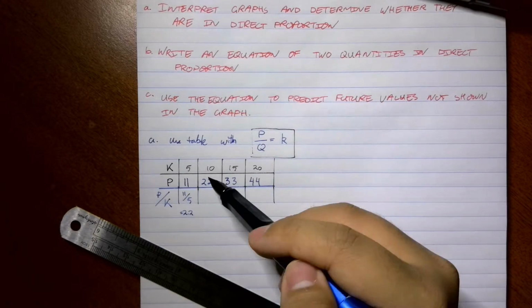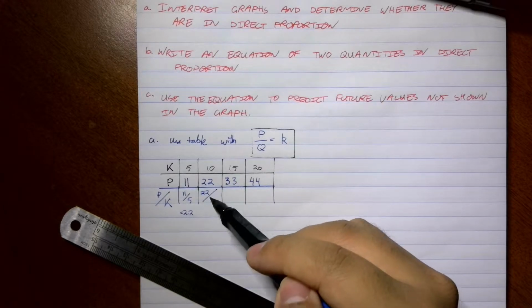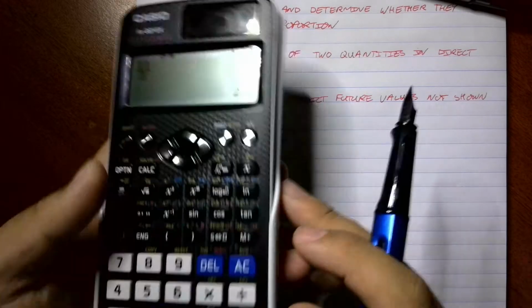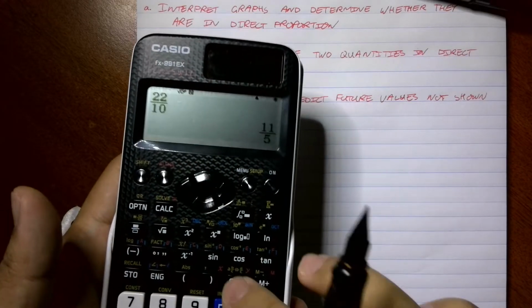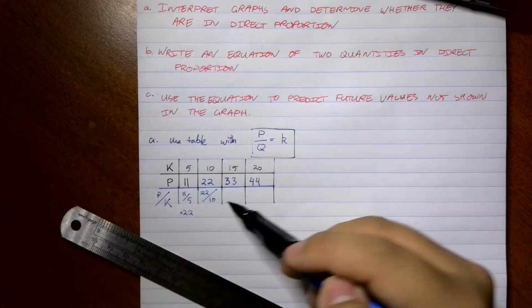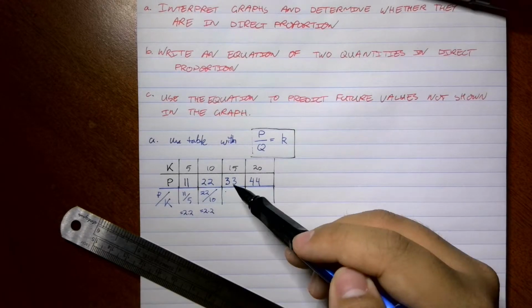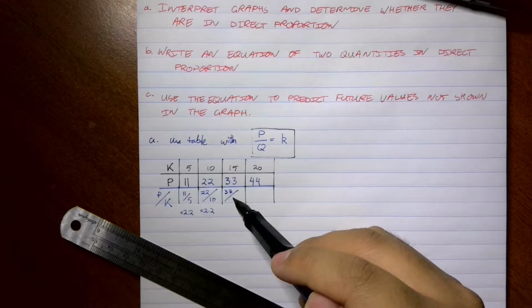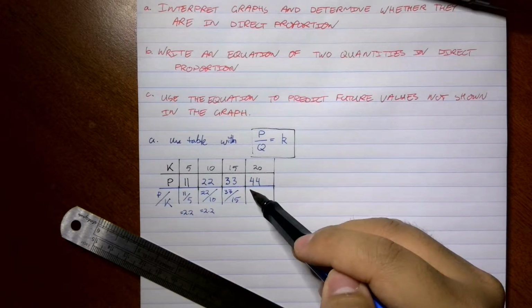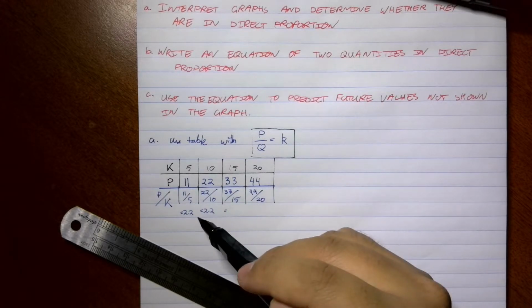Let's check now for the rest. 22 over 10, same thing on the calculator, also 2.2. I'm pretty sure if we follow this along, we'd find that all of them will be 2.2.